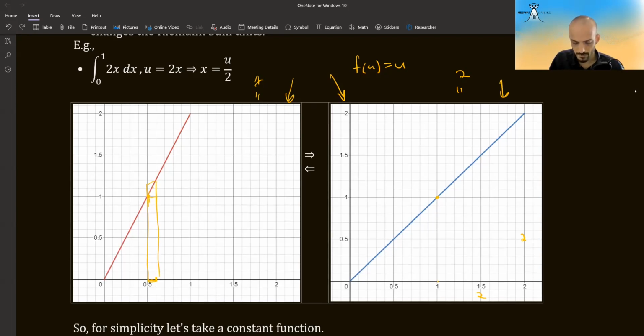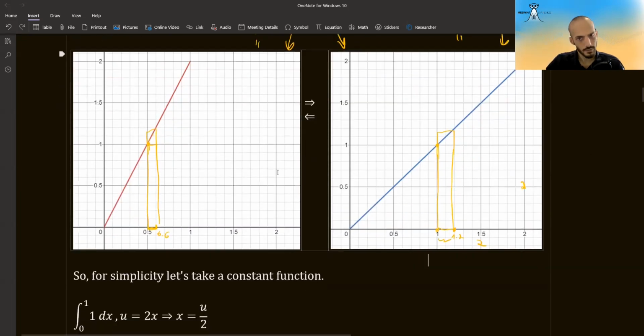It's between 0.5 and 0.6, but this maps to between 1 and 1.2, because u is equal to 2x, so 0.5 gives 1, and 0.6 times 2 is 1.2. So the area became much bigger. This unit here got multiplied by 2, and so we need to correct for this.